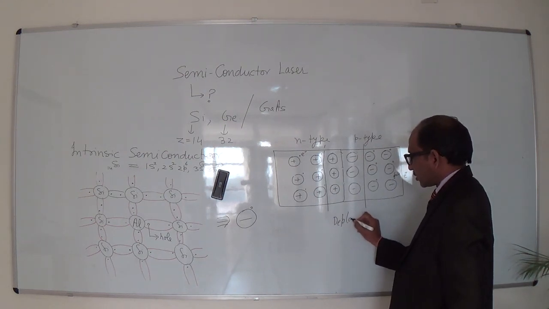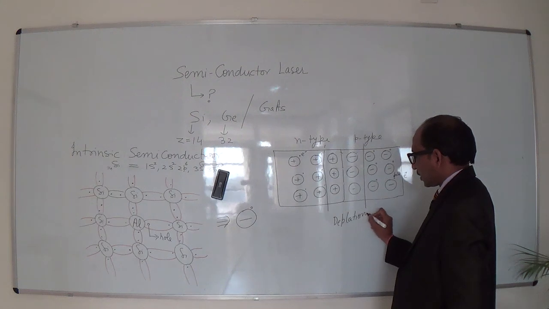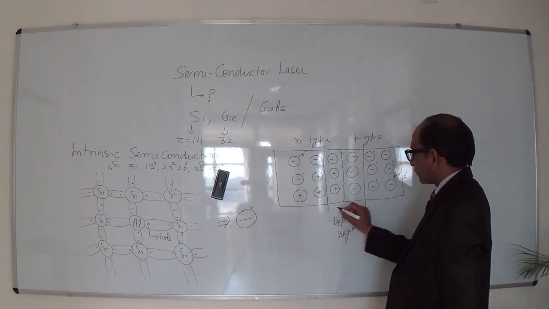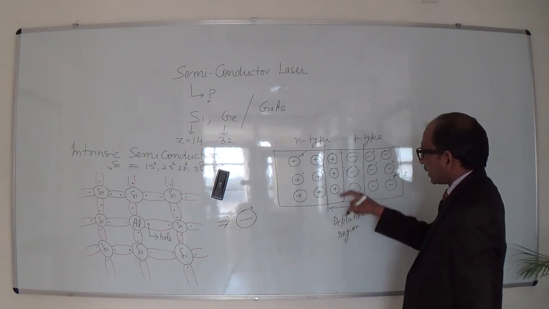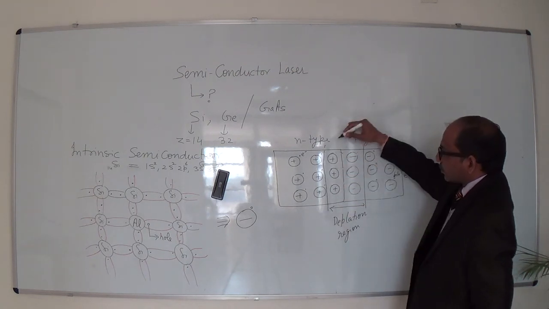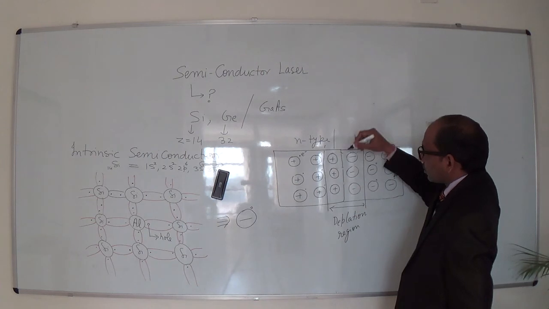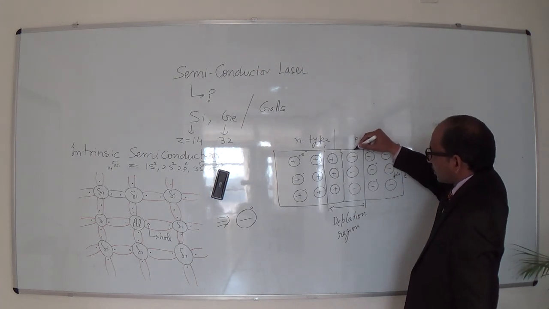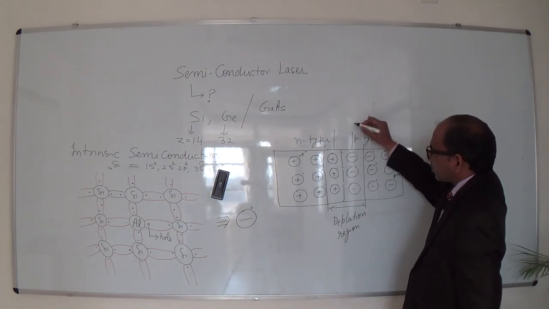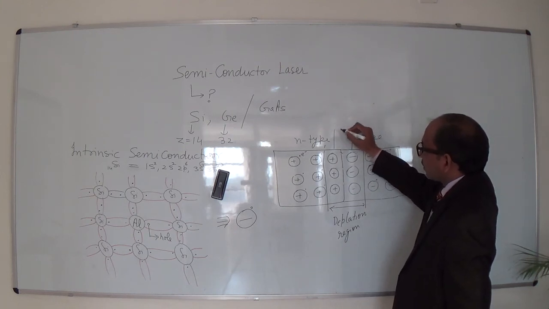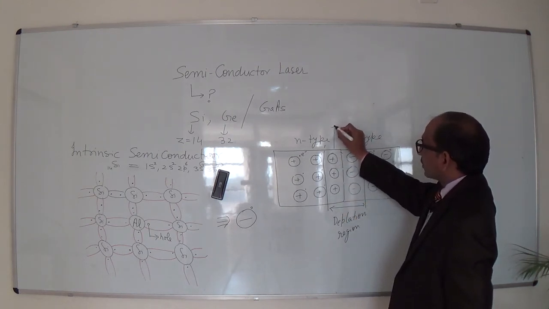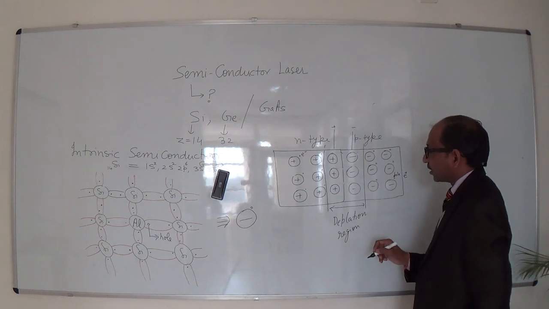This region is known as the depletion region. There are no free charges, and it behaves like a battery: this is the positive terminal, and this is the negative terminal.